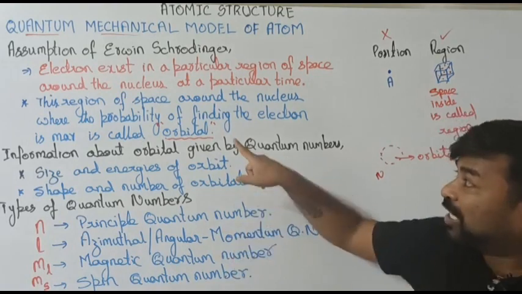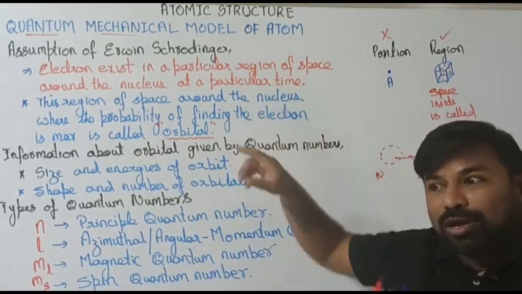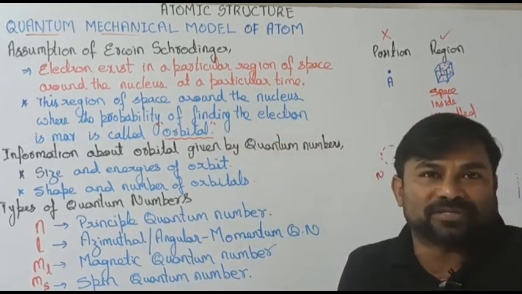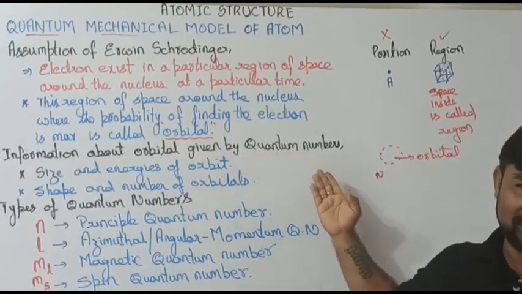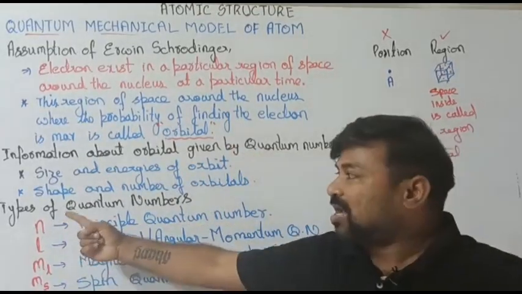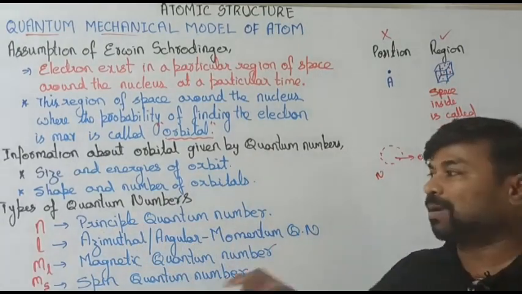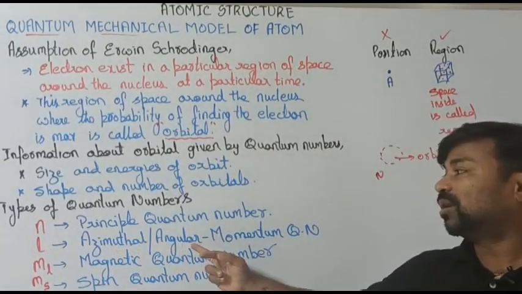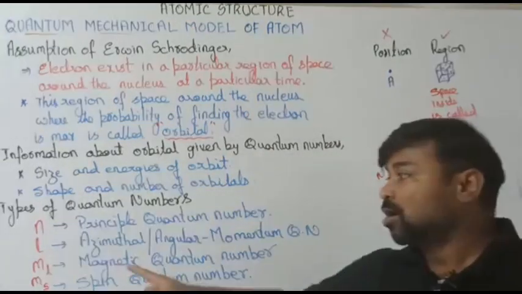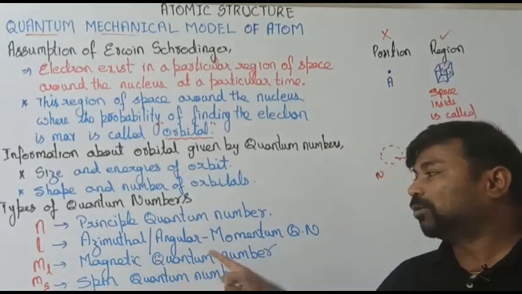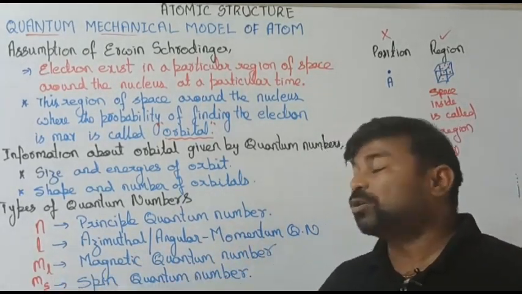Regarding that orbital, he has given certain numbers called quantum numbers. The quantum numbers are n, which is the principal quantum number; l, which is the azimuthal or angular momentum quantum number; ml, the magnetic quantum number; and ms, the spin quantum number.